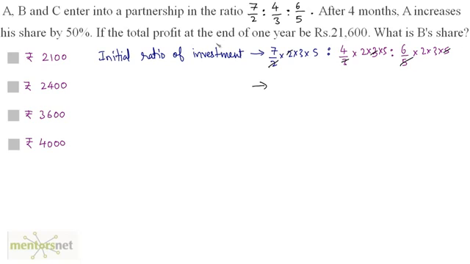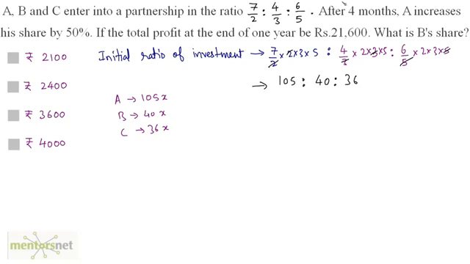So we have the initial investment ratio as 21 times 5, that is 105, is to 4 times 10, that is 40, is to 6 times 6, that is 36. So I can say that A invested 105x, B invested 40x, and C invested 36x.